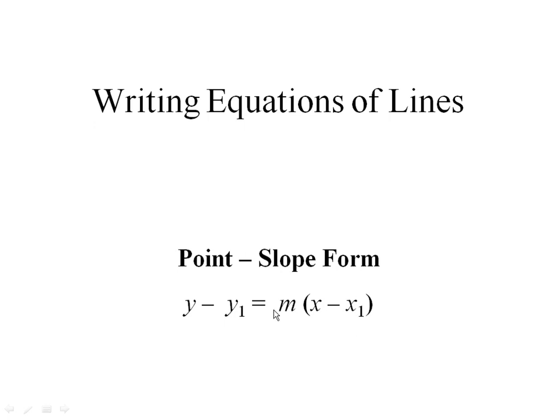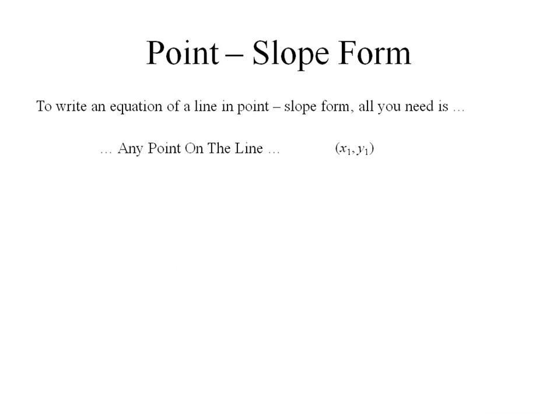The reason why you need to know this point-slope formula is because this is sort of like the template, and all you're doing to get your final equation is plugging in a point and a slope. Once you plug in a point and a slope, then you have the y you need, you have the x you need, and you're just replacing y sub 1, m, and x sub 1 with a number, and you have your equation.